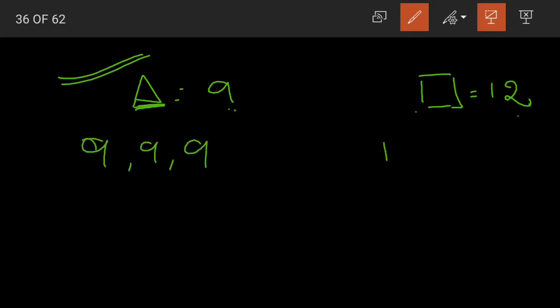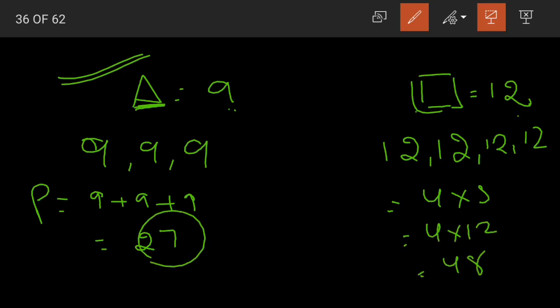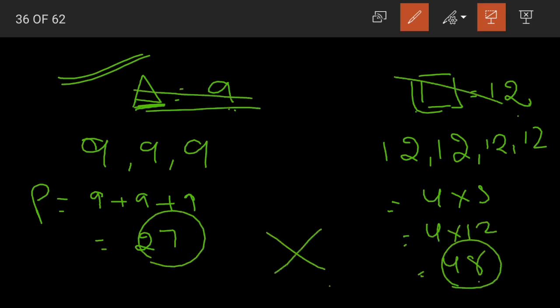And for the square, what are the lengths of the sides? 12, 12, 12 and 12. Yes or no? Now what will be the perimeter? It will be the sum of all sides. So 9 plus 9 plus 9 is equal to 27. And for the square, it will be 4 into s. So 4 into 12 is equal to 48. Are these two perimeters equal? No. So these are not the measurements.